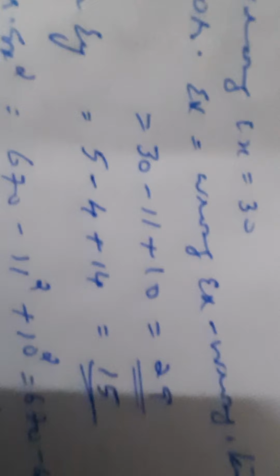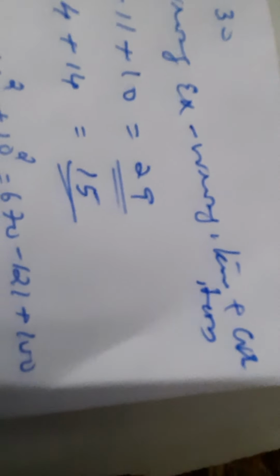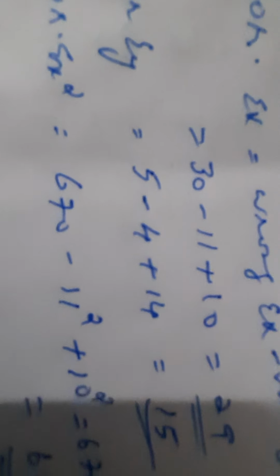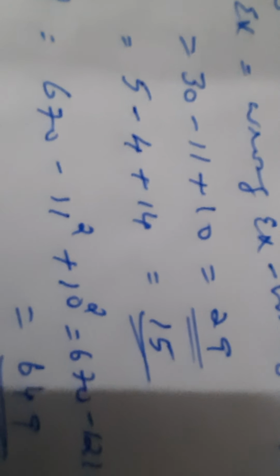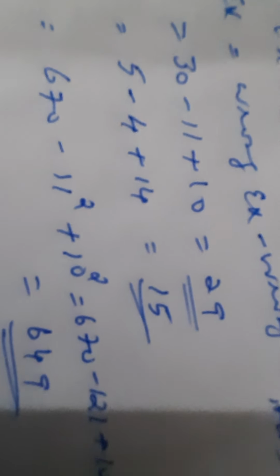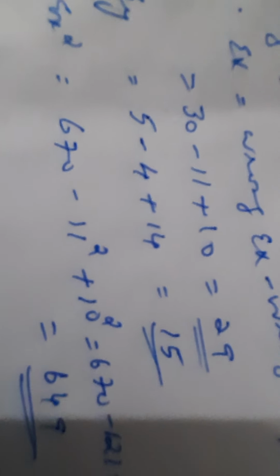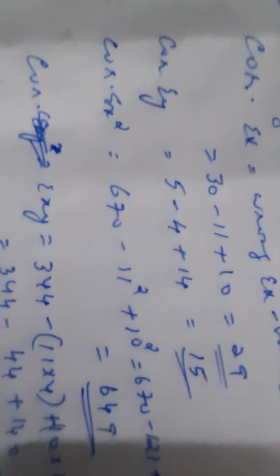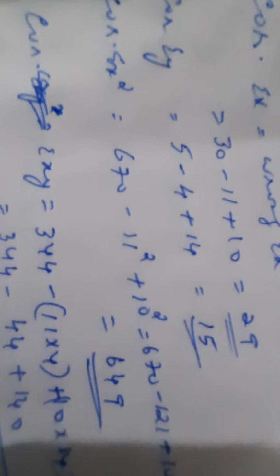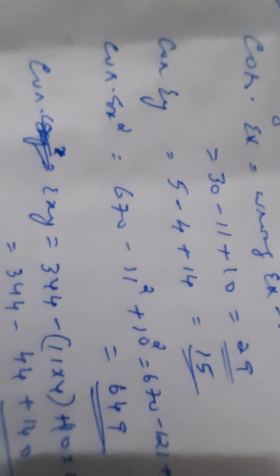So wrong sigma x is equal to 30. Correct sigma x is what? Wrong sigma x minus wrong item plus correct item. So 30 minus 11, as 11 is wrongly taken. So 11 is subtracted and 10 is added. So 29 is the correct sigma x. Like that sigma y: 5 minus 4 plus 14 is 15. So that is the correct sigma y.